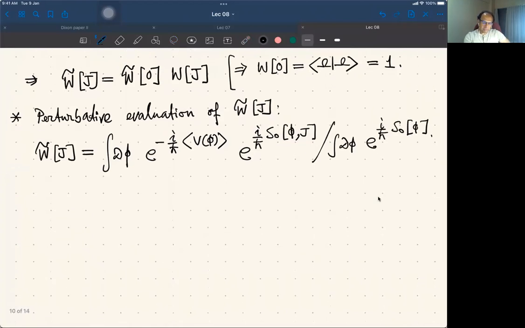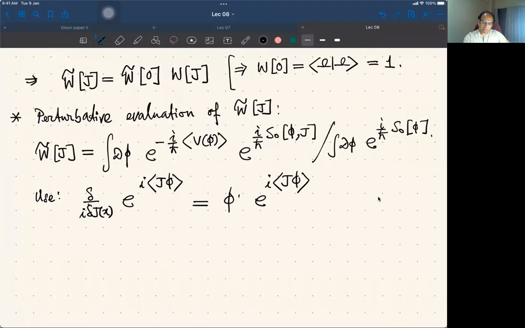Now use the fact, which we derived earlier, that if you take a derivative δ/δj(x) of e to the power i j φ, then it is an integral over y, and it will be the same exponential, but then δj of this cancels, and δj of this can be calculated by demanding that δj(y)/δj(x) is the Dirac delta of y minus x, and that integration will produce φ(x). So it will give you a φ(x) factor in front.